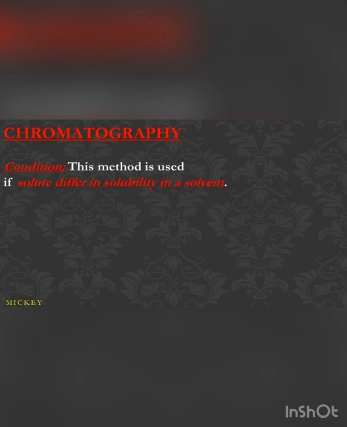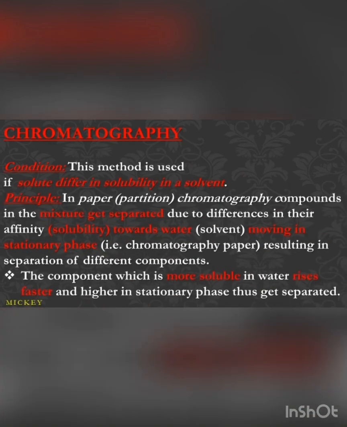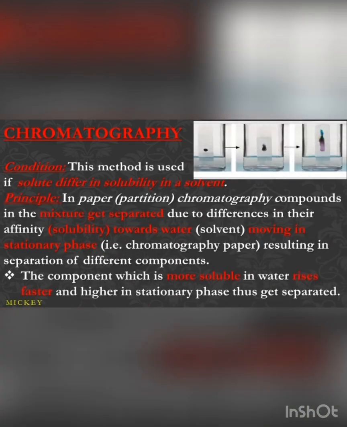Chromatography is one of the most recent and advanced techniques used for separation of individual components from the mixture based on the differences in their solubility with respect to the solvent. In paper chromatography, the specific compounds of the mixture get separated, and that separation is based on the differences of that compound to get soluble in the solvent or water.